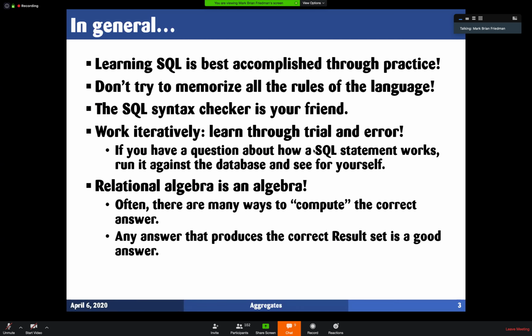Okay, so let me just make a few meta comments about what I see as doing in the class. My feeling is that learning something like SQL, a programming language, is best accomplished through practice. So one thing is for me to talk about it and lecture about it, or for you to read it in the book, but the thing that you're going to learn is learning about it through practice.